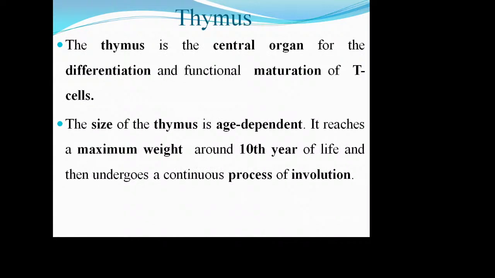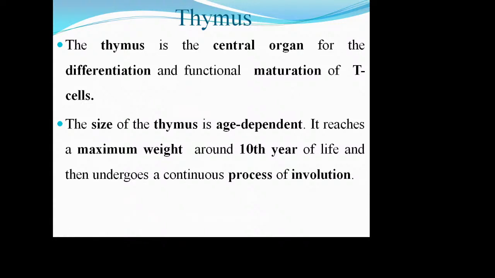Thymus is the central or primary organ for the differentiation and functional maturation of T cells. So remember that T cells are called T cells because they are produced in the thymus. The size of the thymus is age-dependent.